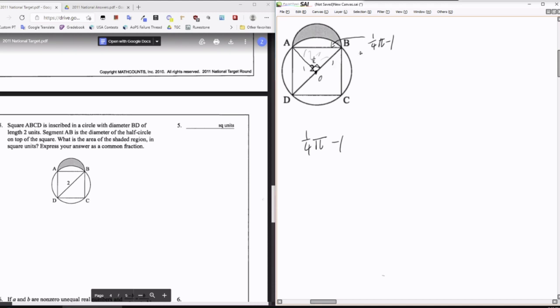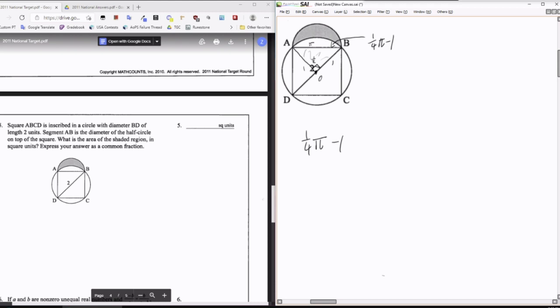Okay. So now we look for the bigger semicircle up here. Because the diagonal of this square is 2, the side length will be square root of 2.